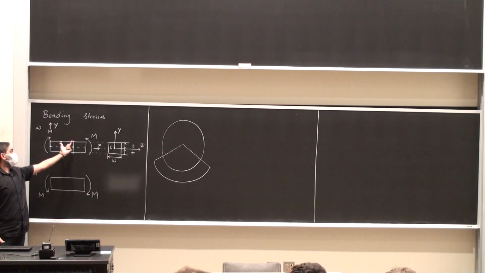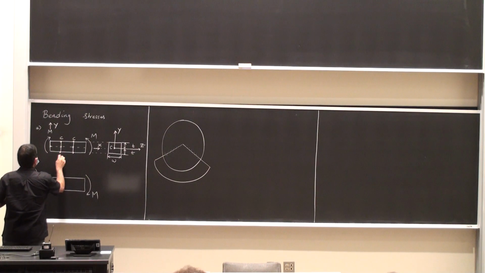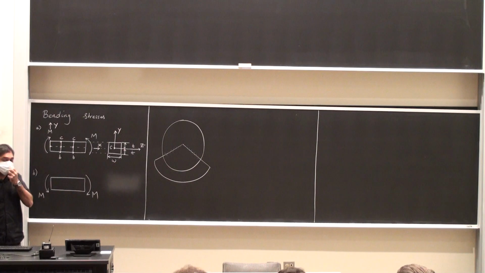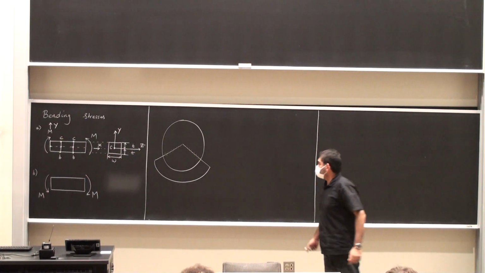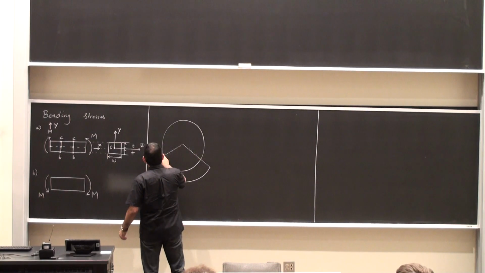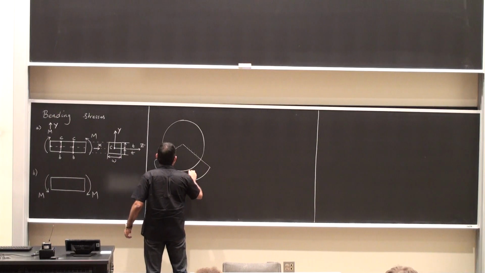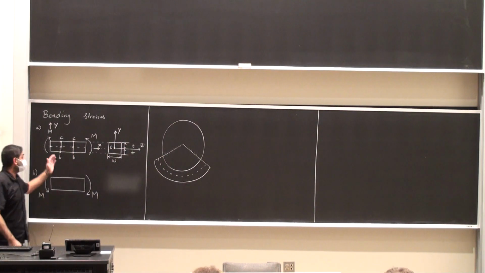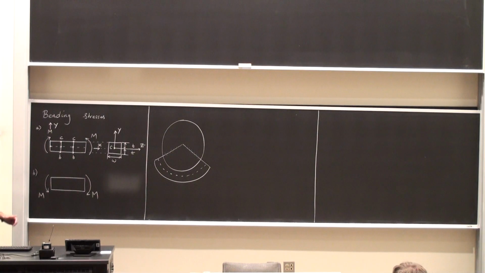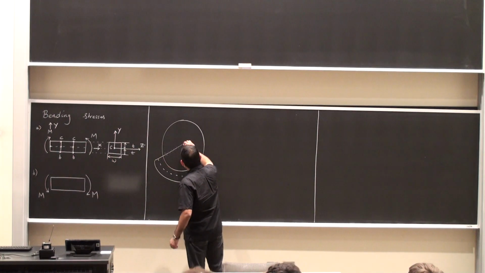I'm going to call this piece CC and little b, and I'm going to draw the dotted line on this piece here as well. This corresponds to the dotted line that you see here, and the radius of curvature of the dotted line is capital rho, the Greek letter rho, from the center of the cylinder.